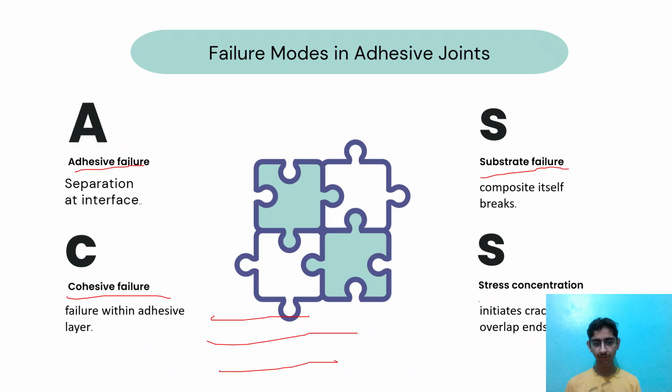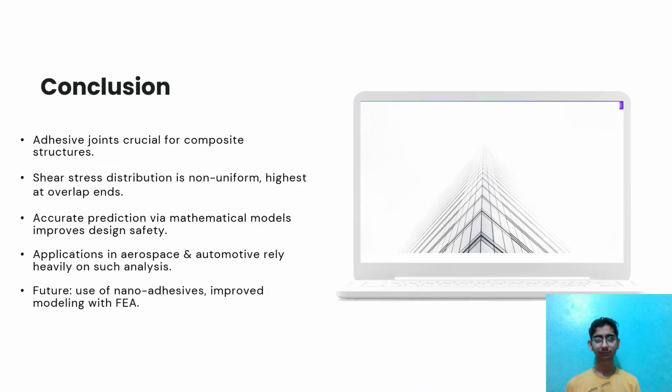Between these two metal parts, adhesive is there, and in this layer of adhesive, failure occurs. Substrate failure is when the composite itself breaks. Due to that, substrate failure comes, with stress concentration initiating at the overlap ends. So these kinds of failure can occur in adhesive joints.